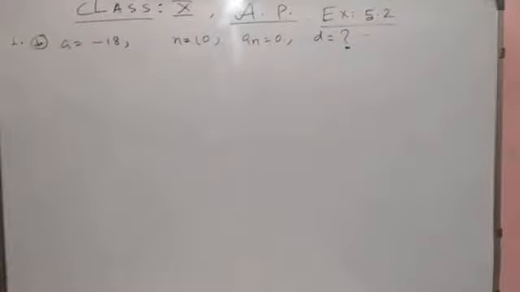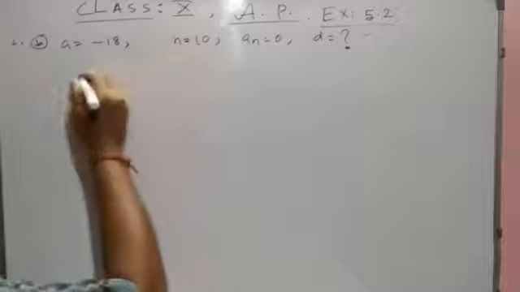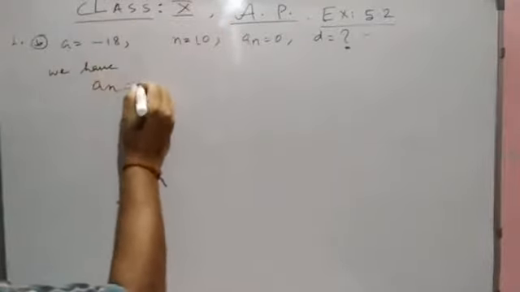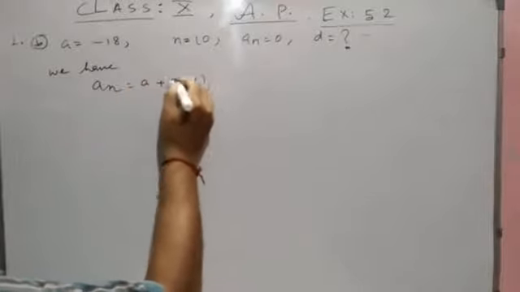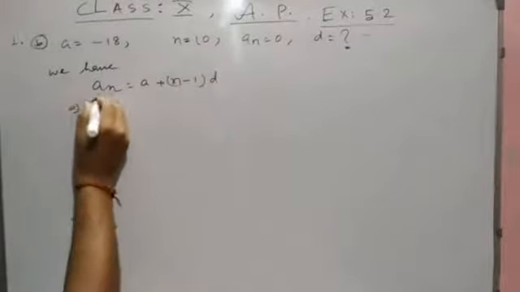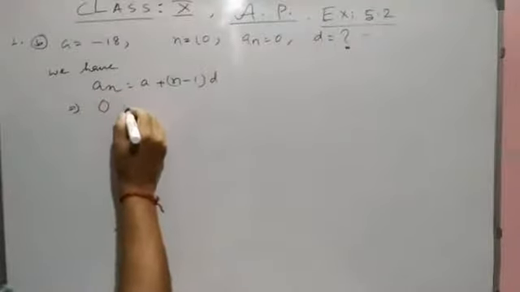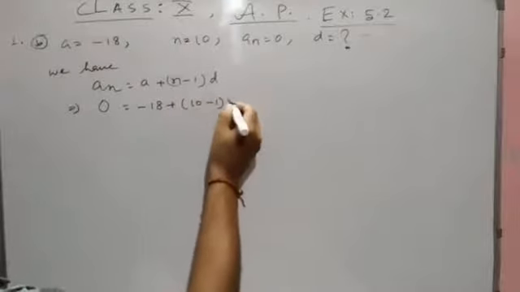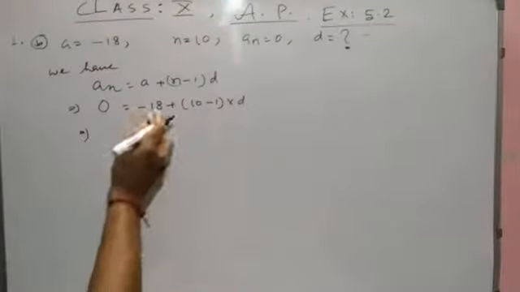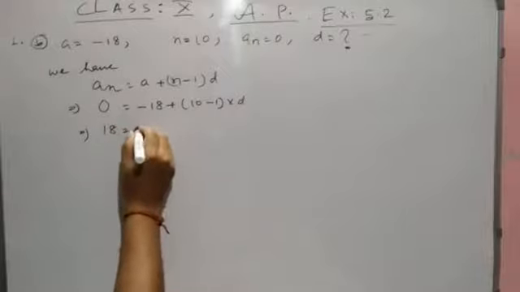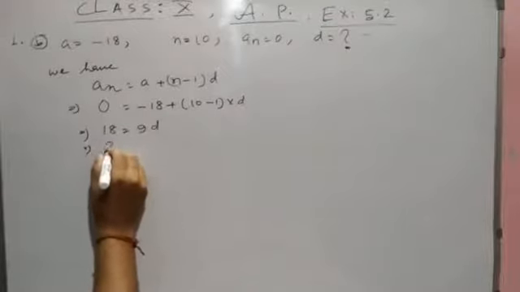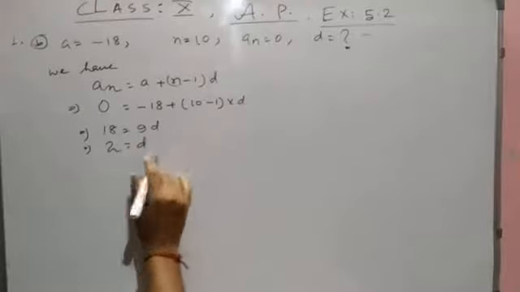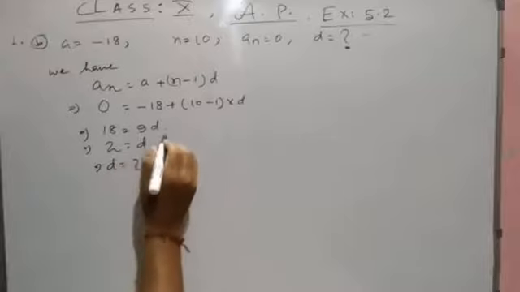So we have An equal to A plus (N minus 1) D. Now we are given An equal to 0, A equal to minus 18, N equal to 10, so 10 minus 1 into D. So 18 transferred this side will be plus 18, it will be 9D equal to 18. Therefore D equal to 2.